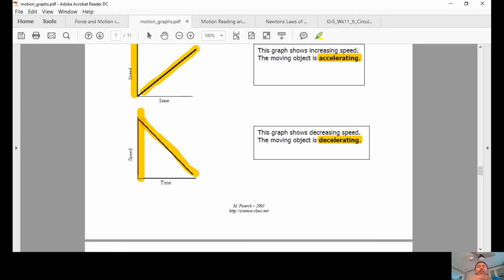So speed to me is the easiest of the two. But it also combines with distance to confuse you even more. But that's where you have to, early on with your thinking, establish that y-axis.